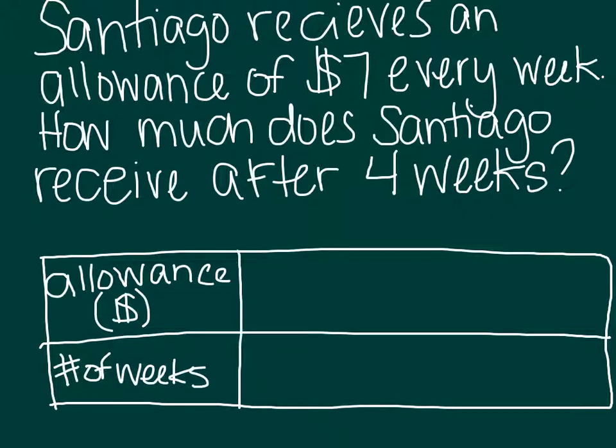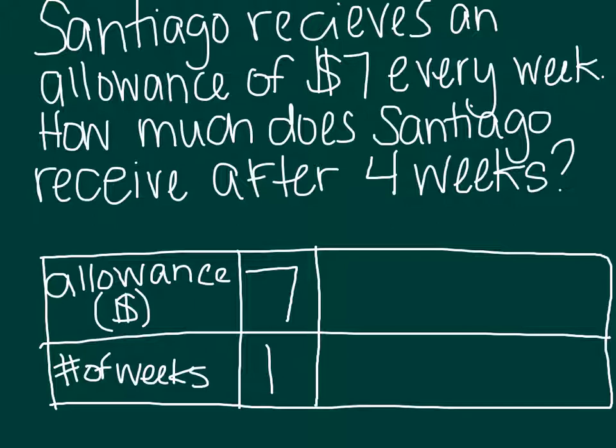Okay, so we know after 1 week, Santiago receives $7. Now I need to find my equivalent ratio. Remember, this is known as the same relationship between quantities, okay?